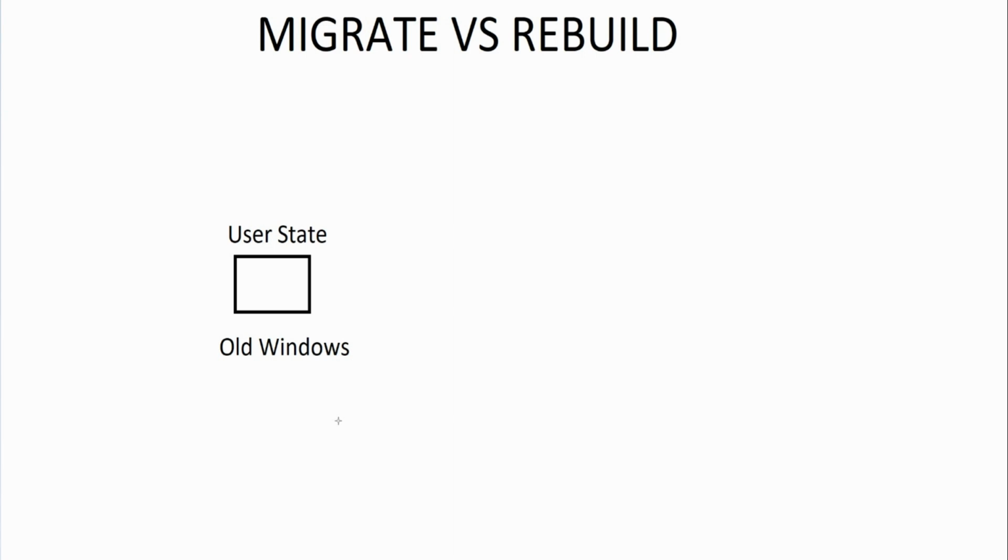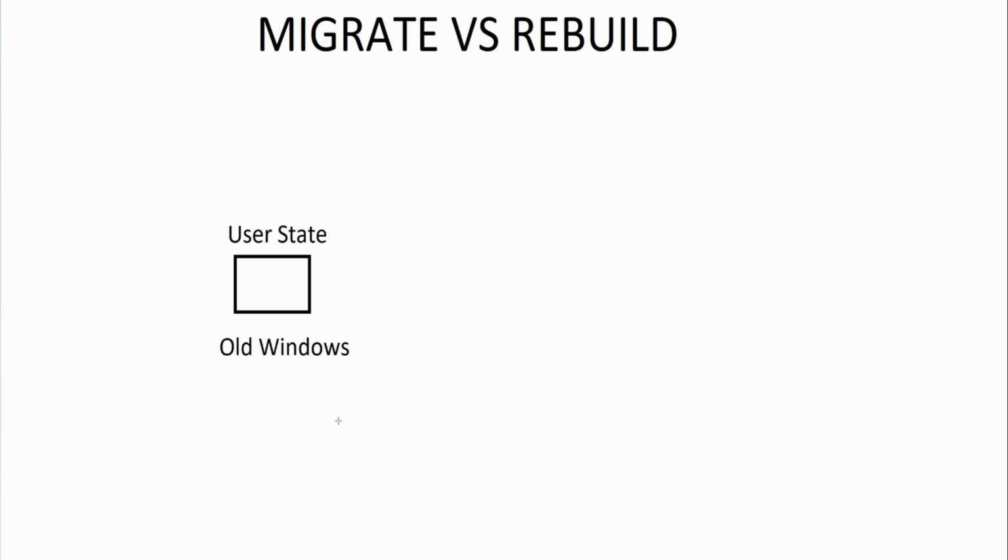If I want to retain my user's data, I can totally do that. Their user state, all of their data, all of their settings and all that, I can back all that up, blow away the machine that's there, blow away the operating system that's there, and then put a new operating system on there if I want, and then I can restore that data back to what's on the machine.